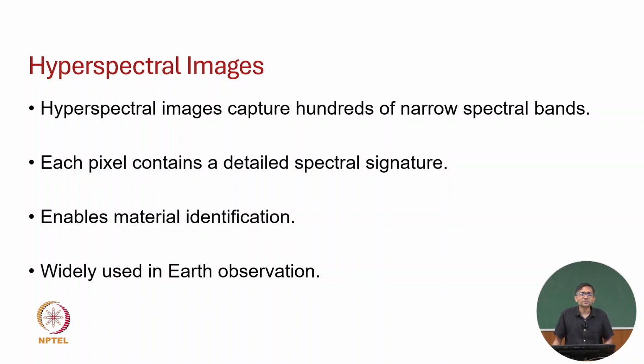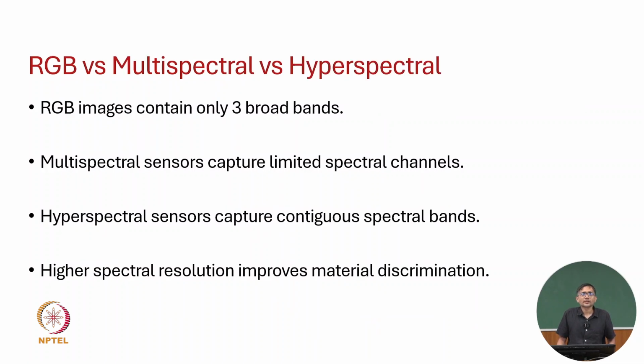And there come hyperspectral images, which capture hundreds of narrow spectral bands. Each pixel contains a detailed spectral signature. This enables fine-grained crop analysis or material identification. And this is another sensor which is widely used in Earth observation.